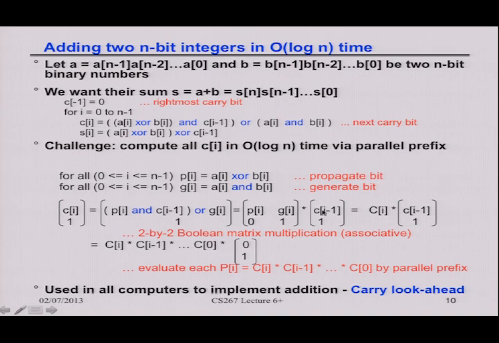And all the rules of associativity and distributivity, they all work for Boolean algebra just like they do for regular arithmetic. So this says P_i AND C_{i-1} OR G_i, and then the 1 just gets copied. So I'm just multiplying by all these 2 by 2 matrices. And the same trick that I did before, it's parallel prefix, and with this particular operation, it all runs in log n time.